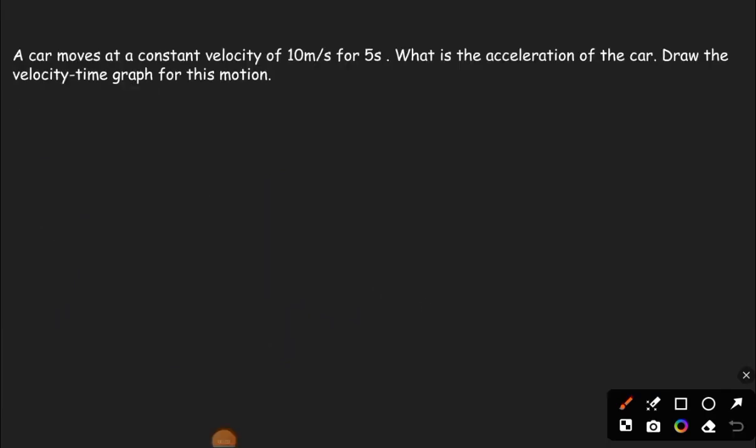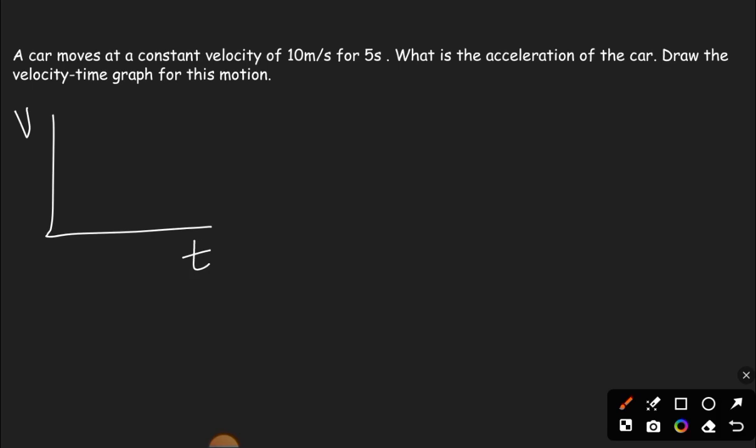In this part of the series, you are going to look at the velocity time graph. There are some basic things you are supposed to know. We already know that velocity is distance per unit time. So, how to draw the velocity time graph: your velocity is here, your time is here. When we say constant velocity, it simply means constant speed.